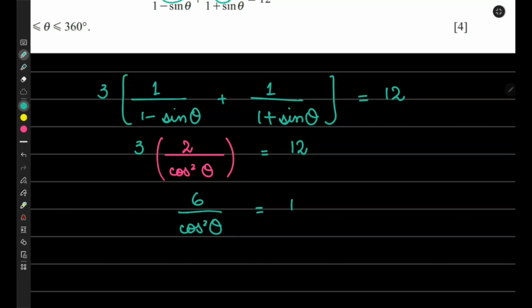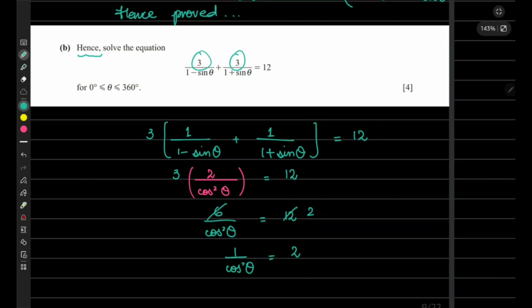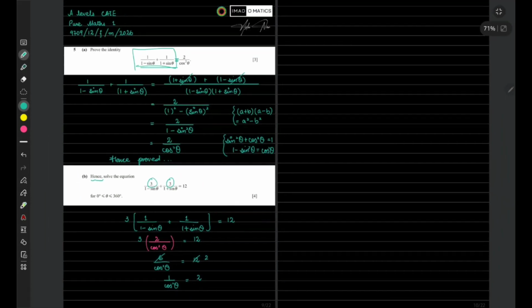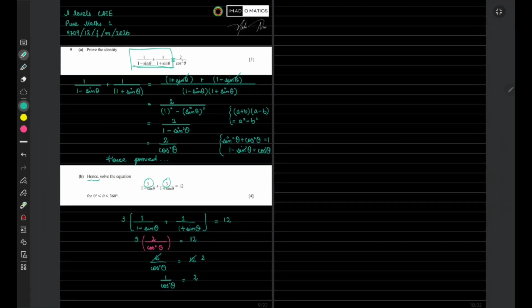Now just solve it. 6 over cos square theta equals 12, so this will become 1 over cos square theta equals 2. So 2 cos square theta equals 1.